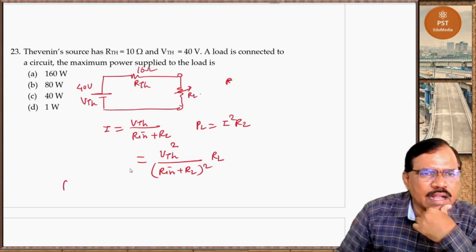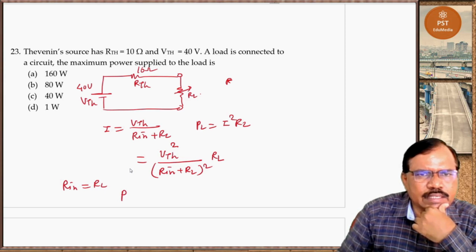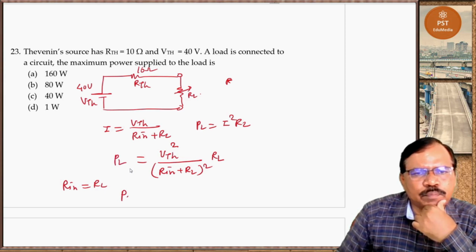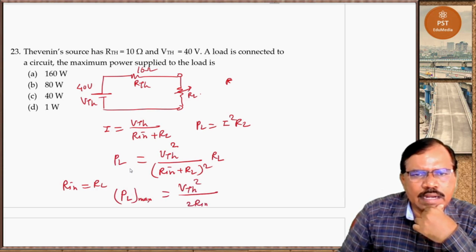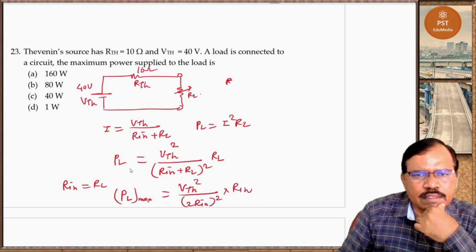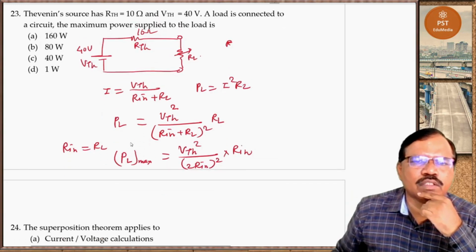Maximum power when R in will be equal to RL. So this is power. So PL max will be equal to VTH square upon 2 R in square into R in. So what happens here?